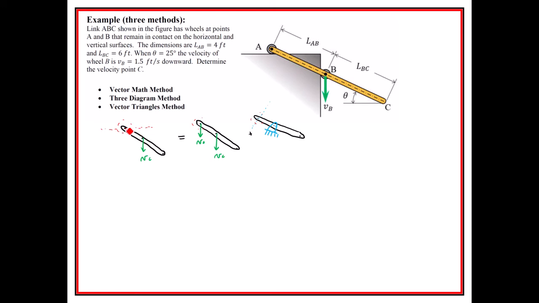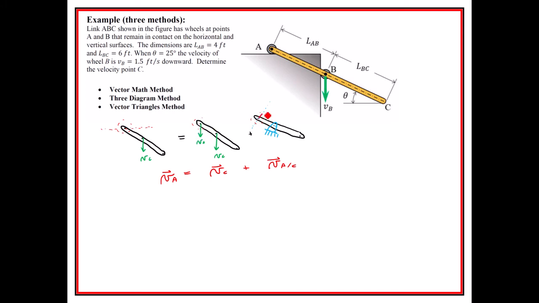But we know that there's no vertical component to that. From the vector equation associated with this, the velocity of A is equal to the velocity of C plus the velocity of A with respect to C. If we broke that down into x and y components, we would know that there is no y component to A. It's completely devoid, but it starts out with a y component at C. So what can I possibly do over here in this relative one that's able to get rid of all of the vertical component?